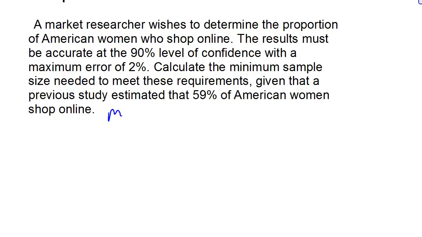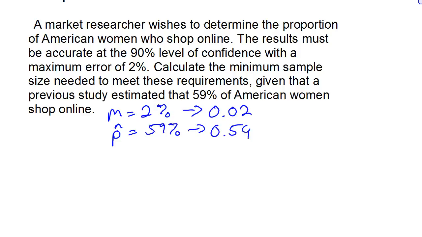So our margin of error is 2%, that is 0.02. My sample proportion is 59%, which is the same thing as 0.59. We're looking at a 90% confidence interval, which we just previously used, so that z alpha divided by 2 is 1.645.